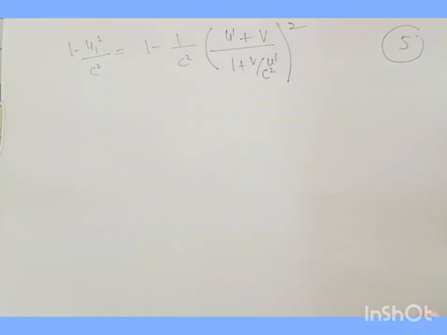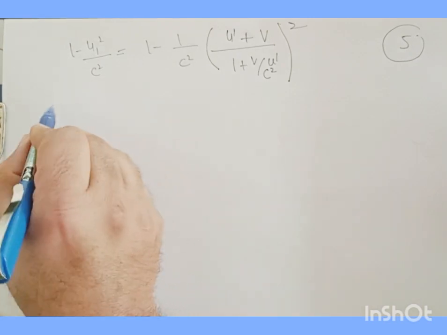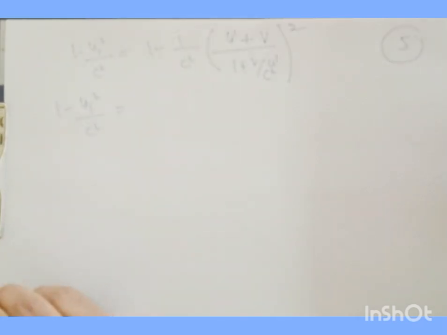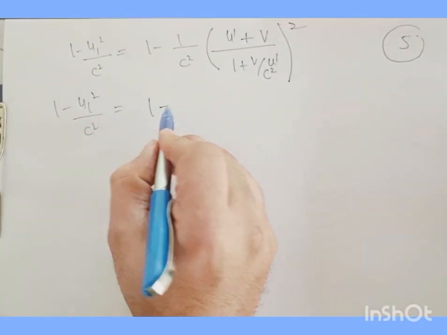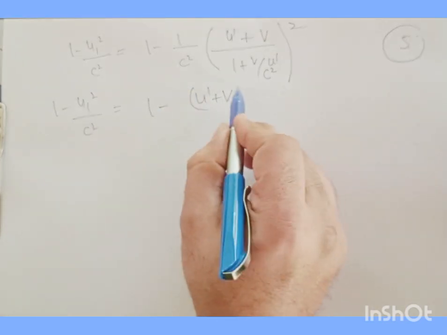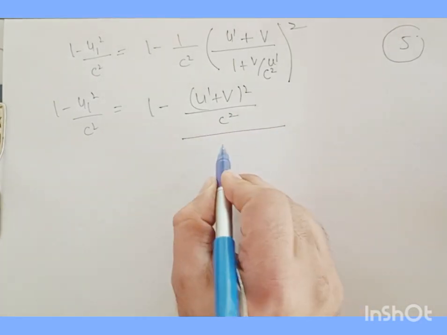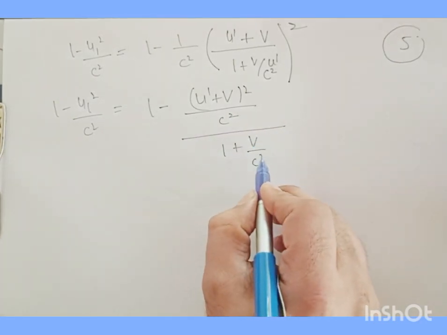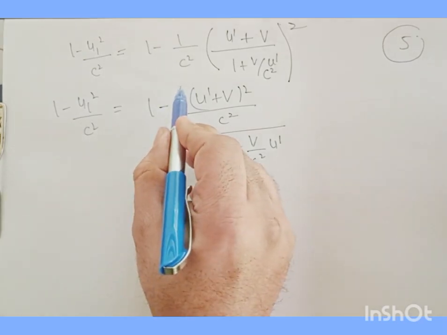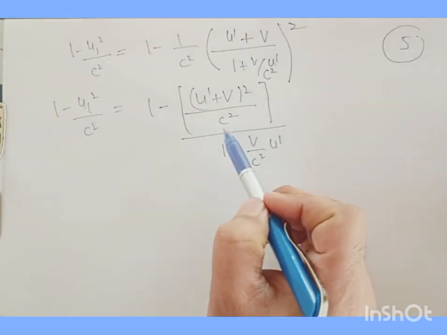Now what I'll have is 1 minus u1 square by c square. Okay, this is 1 minus u dash plus v whole square, I can write divide by c square, and I can write divide by 1 plus v by c square u dash. Okay, this can be the situation that can be generated here. Very simple. So the c square will simply go here.